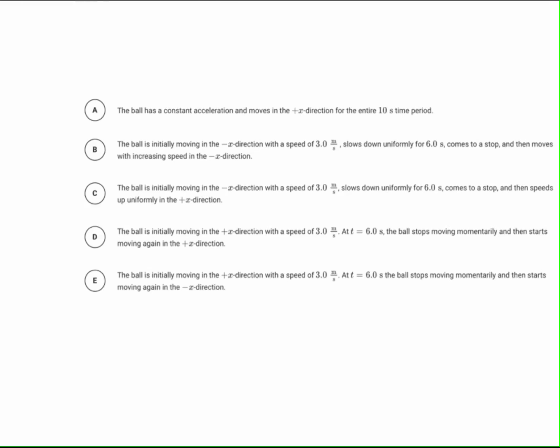So it says negative x direction, so these are already gone because it has to be moving in the x direction. This one's gone because obviously it's accelerating, so it can't be constant acceleration. Okay, the ball is in constant acceleration and moves in the positive x direction for the entire 10 seconds.